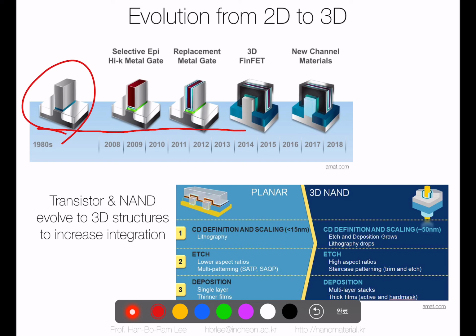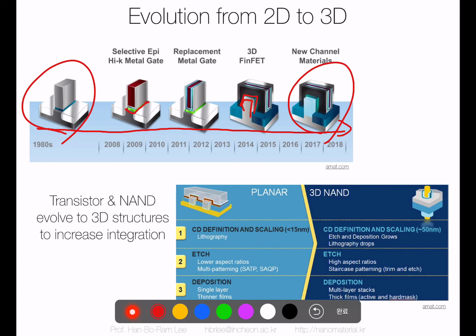For example, we have one planar channel area, but in the three-dimensional FinFET transistor devices, we have a three-dimensional structure of the channel area, and this channel area is covered on three faces by the metal gate, and that evolved to more extreme cases of three-dimensional structure.